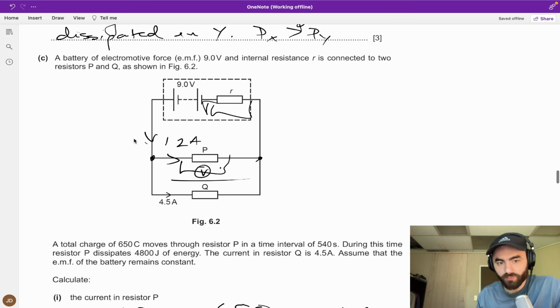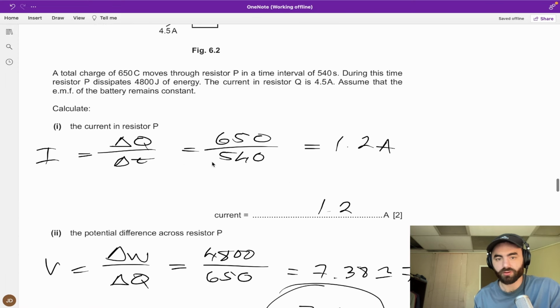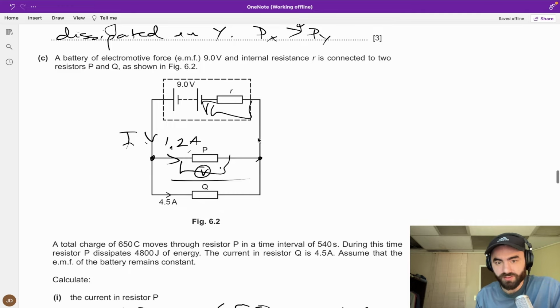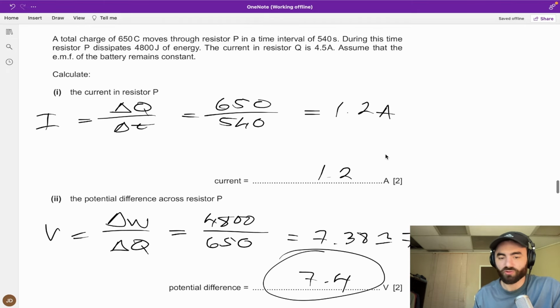That is just the current in P plus the current in Q, 1.2 plus 4.5, also known as 5.7.